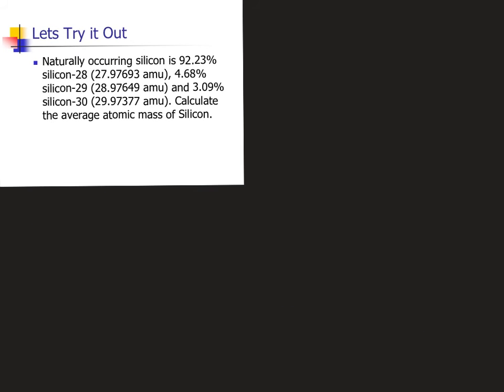I'm going to skip over the dividing by 100 step and go straight into it. I'm going to write it in a little bit different method and say that it's silicon-28 there. And so I'll keep all my numbers together, and you can see maybe a different method of how I organize some of that.